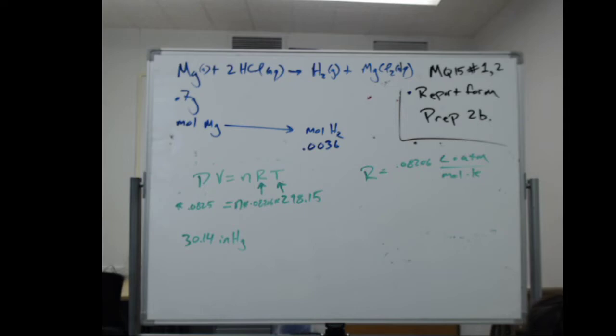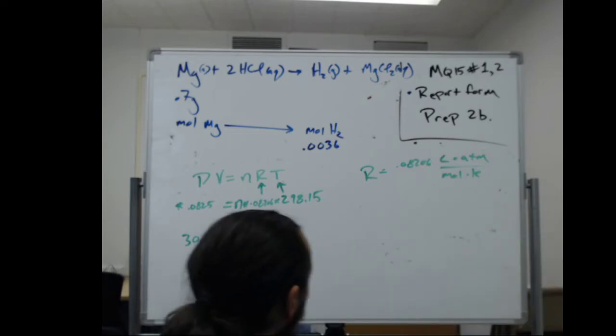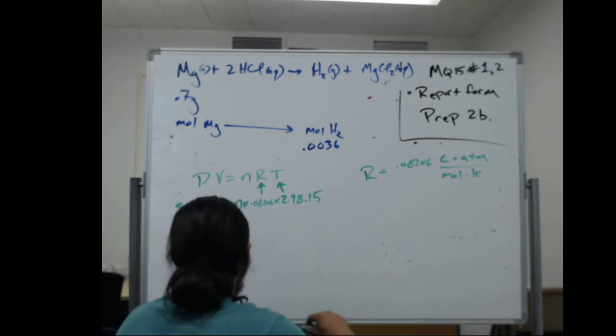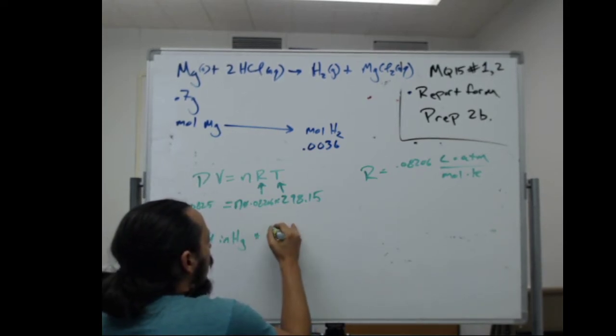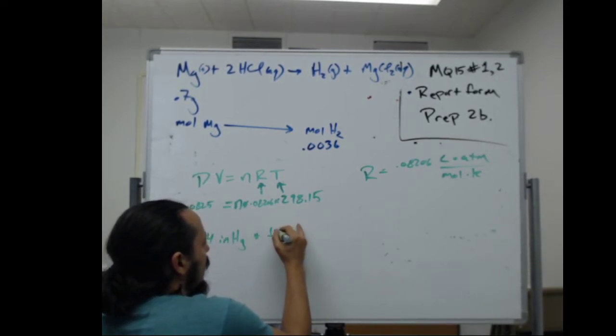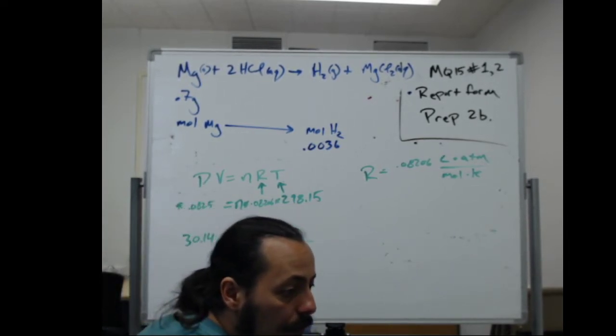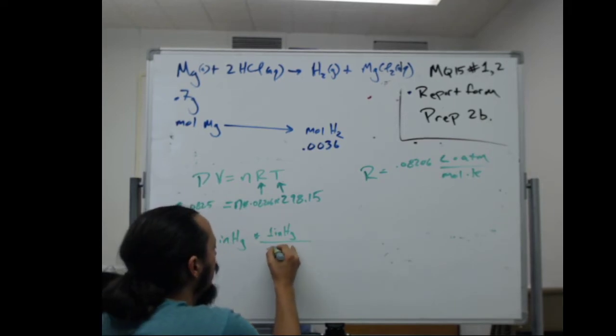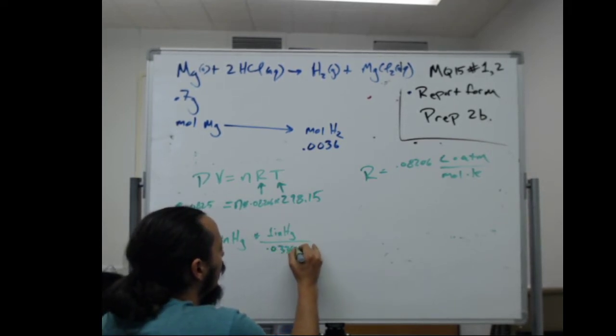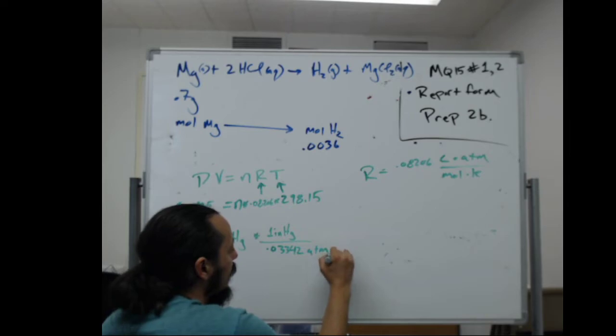So I'm just going to look up inches of mercury to atmospheres. And what I've got is 1 inch of mercury is 0.03342 atmospheres.